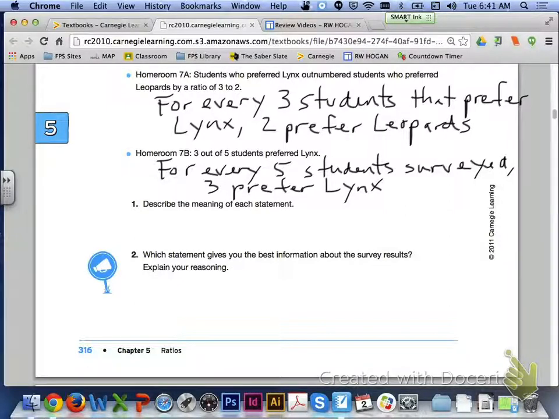If we take a look at homeroom 7A, these results tell me that for every 3 students who prefer lynx, there will be 2 students who prefer leopards. And for homeroom 7B, these results tell me that for every 5 students that were surveyed, 3 of them will prefer lynx.